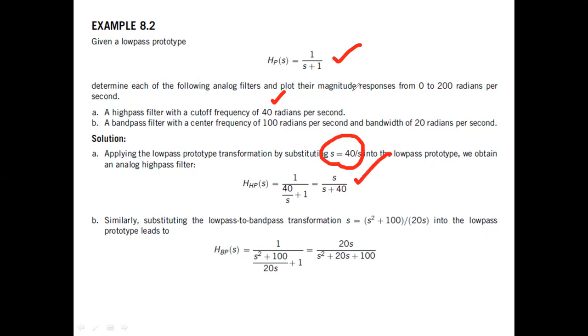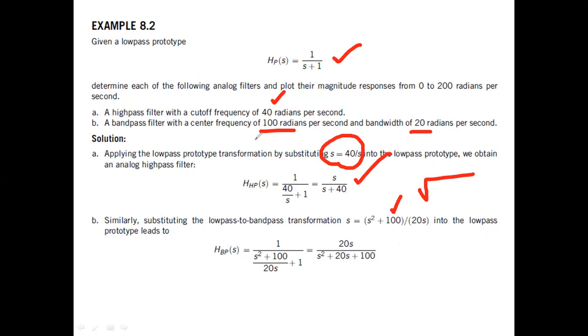Then if I want a band pass filter with a center frequency of 100 radians per second and a bandwidth of 20, the center frequency of 100 has been given directly. So we need not compute the square root of omega L into omega U. He gave 100, so we use 100 and the bandwidth.